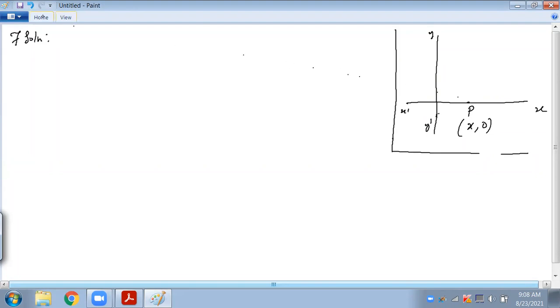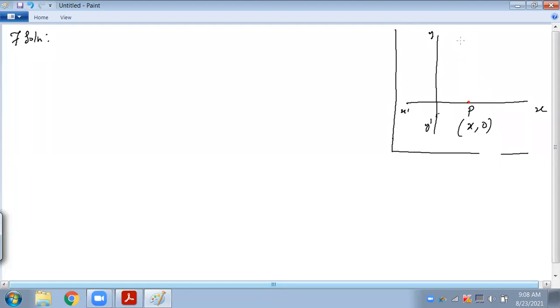The point is on x-axis. We'll take that point as P. And the coordinate will be what? Since the point is on x-axis, we'll take the x-coordinate of the point as x, and the y-coordinate will be 0.